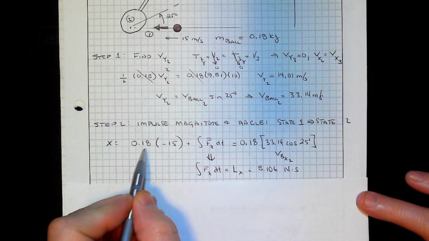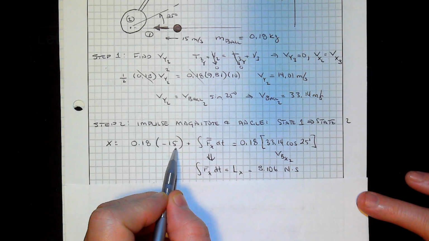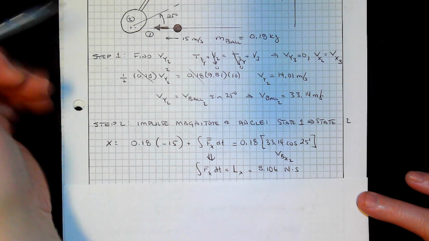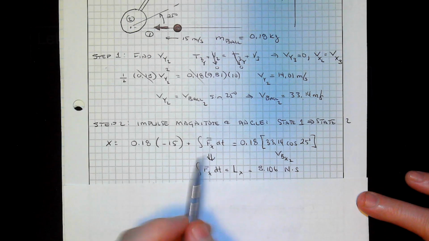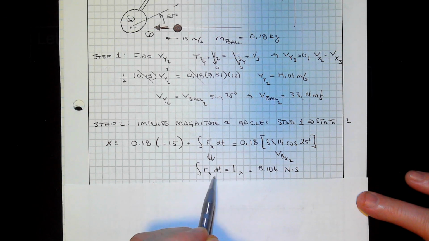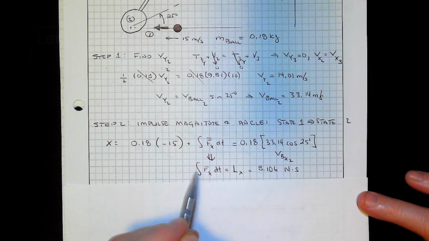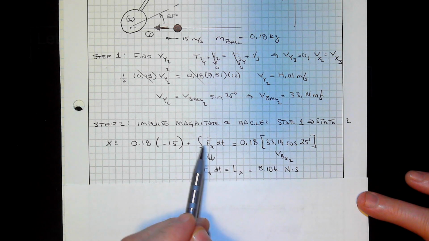So I have mass of the ball's coming in, negative 15 meters per second, because we're taking x positive that way. Plus, okay, well, here's our impulse, L sub x. All right, and I want to figure out what that is. I can't integrate that. I don't know what all the forces are in here.